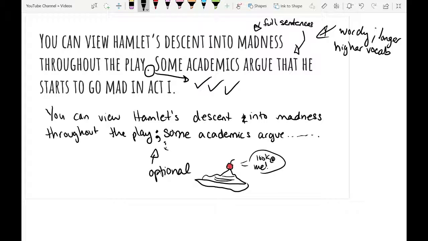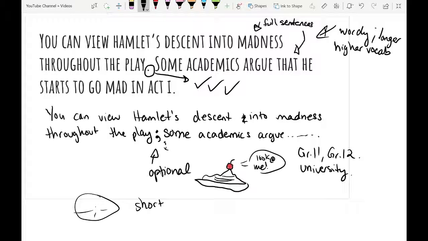It will add some differences and some variety into your sentences, especially if you're getting into grade 11, grade 12, if you're heading into university. They're going to be looking for variety in your sentences. They're going to be looking for something that's not going to be boring. And especially short sentences can be quite boring.